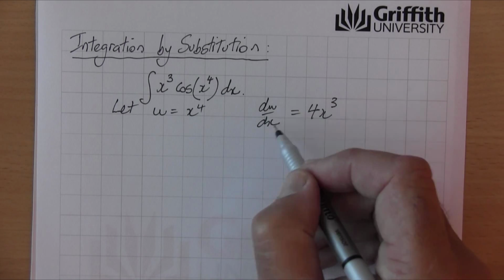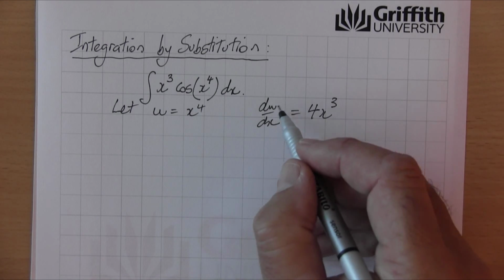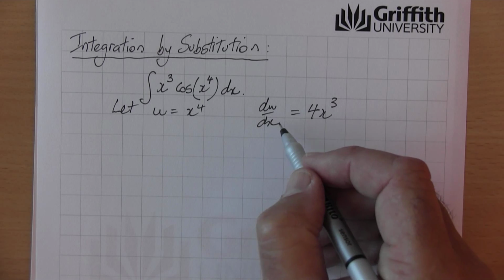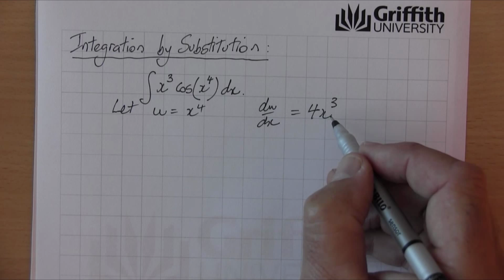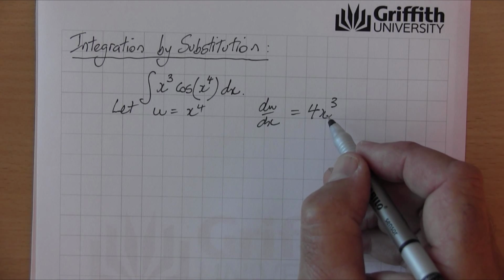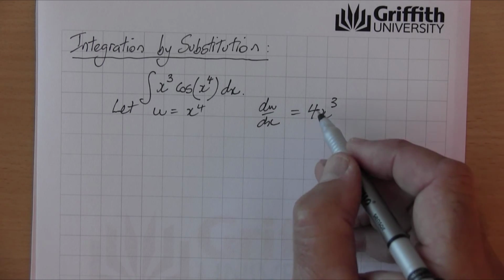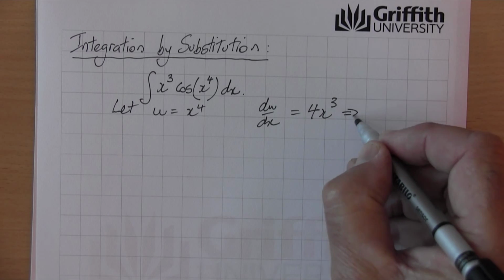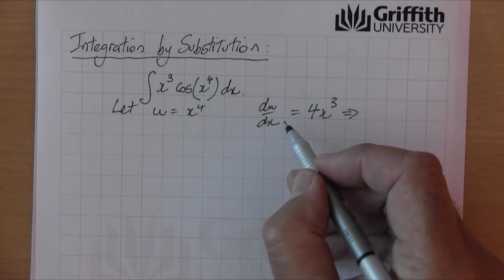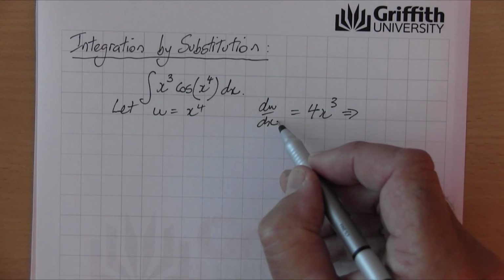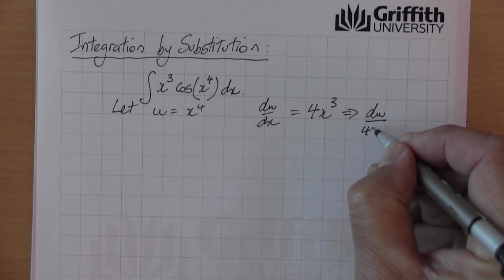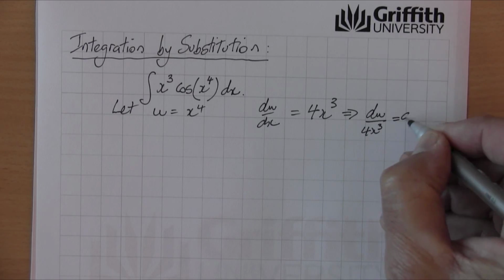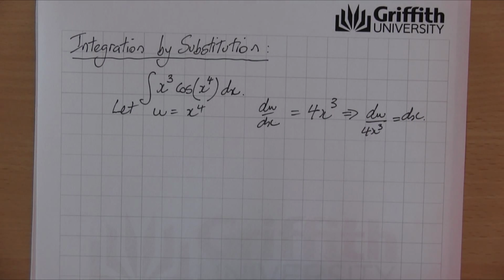So we've got to make dx the subject, even though du dx is an entity in itself. We can split this as if it's a fraction and multiply both sides by dx, and then divide both sides by 4x cubed. So another way to look at it is to just switch those two. So we get du over 4x cubed is equal to dx.